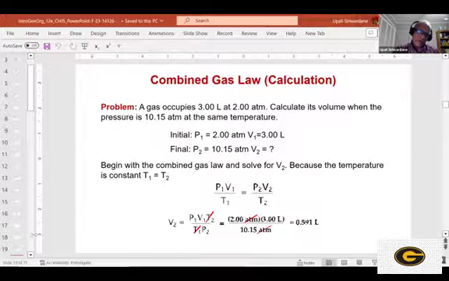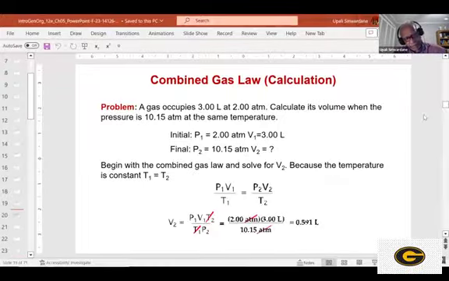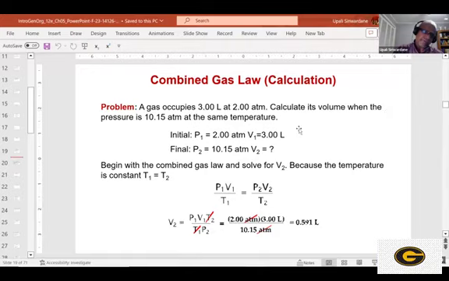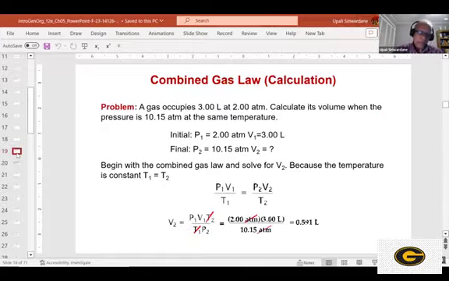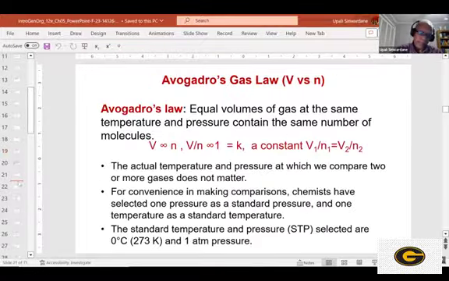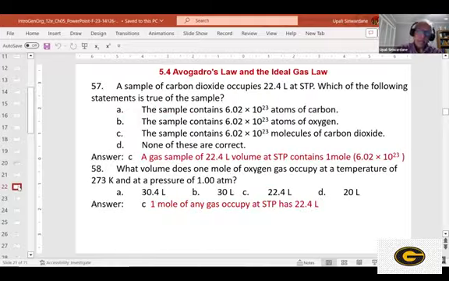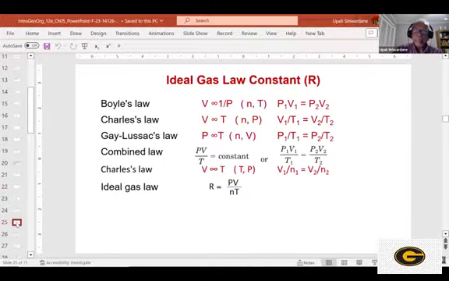There's a gas law called the combined gas law, which combines all 3 gas laws. The combined gas law combines Boyle's law, Charles' law, and Gay-Lussac's law. Then we have the ideal gas law, after we did Avogadro's law.